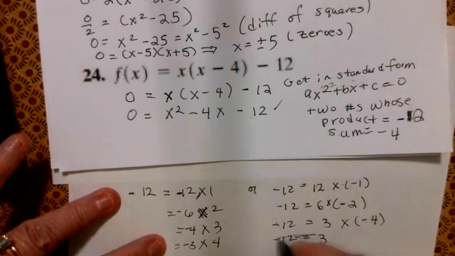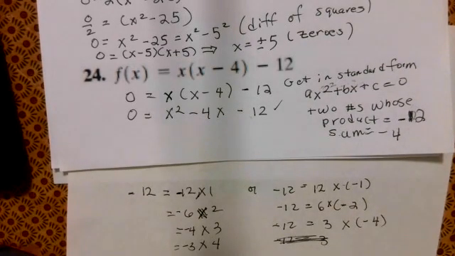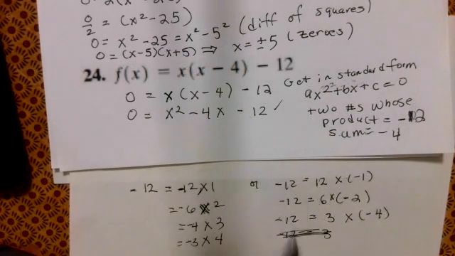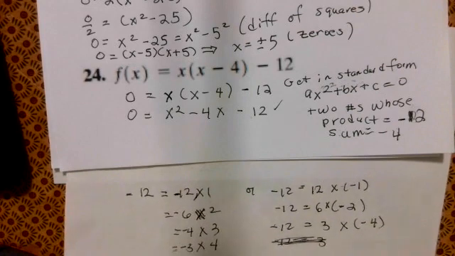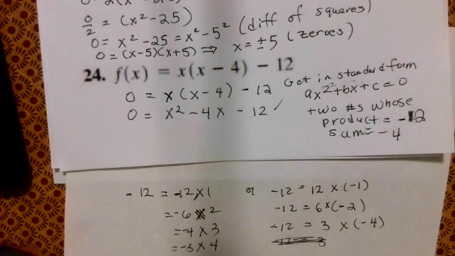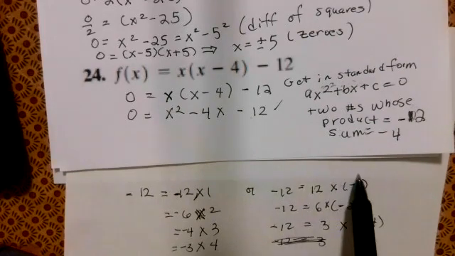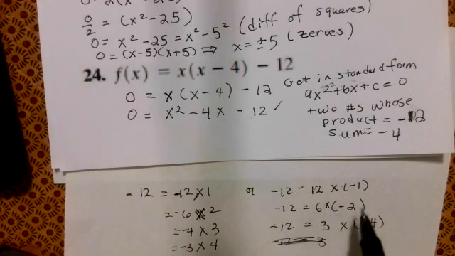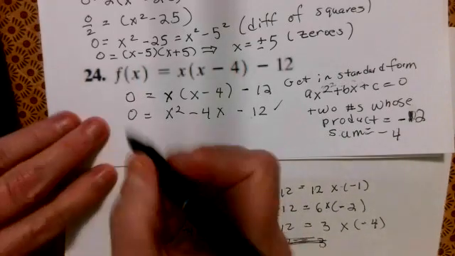All of these are going to give you products equal to negative 12, but which one gives you a sum equal to negative 4? Not this one, that sum would be 11. 6 and minus 2? Could that give me a minus 4? Well, what if I make the 6 negative? Minus 6 plus 2 would give me minus 4. So that's what I want to use.